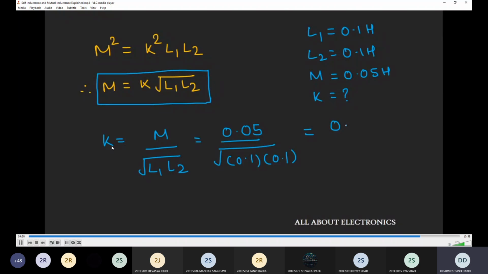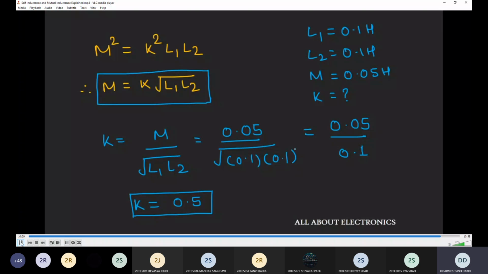So we can write K is equal to M divided by under root L1 into L2, that is 0.05 divided by under root 0.1 into 0.1, that is equal to 0.05 divided by 0.1. So the value of coefficient of coupling K is equal to 0.5.